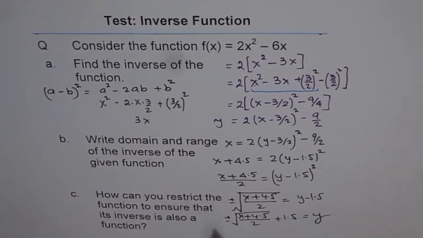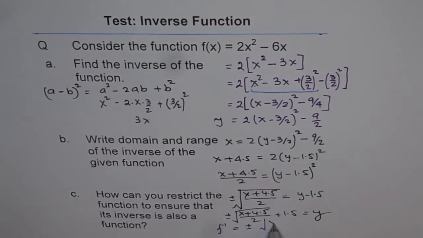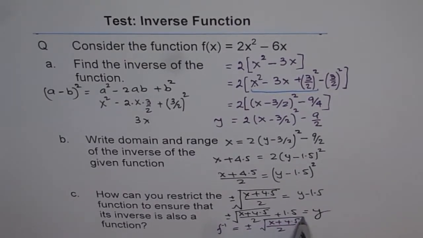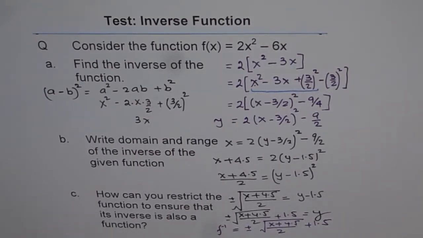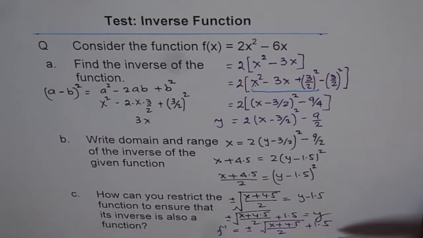So the inverse of our function in this case is plus and minus square root of (x plus 4.5) over 2, plus 1.5. That is how you are going to find the inverse of a function. If you don't do completing the squares, you can't really isolate y. So remember, you need to do completing the squares and then find the inverse, right? So that is our inverse function.